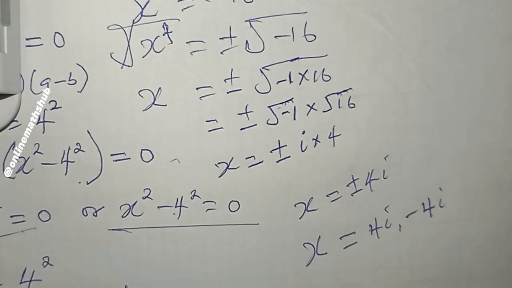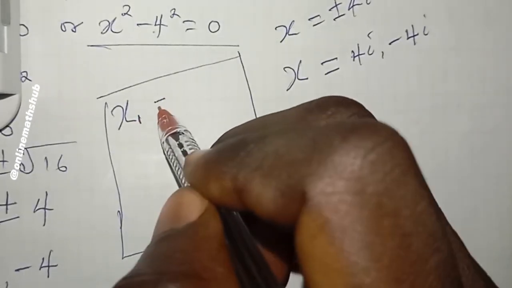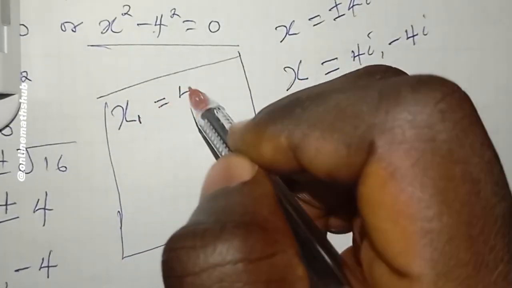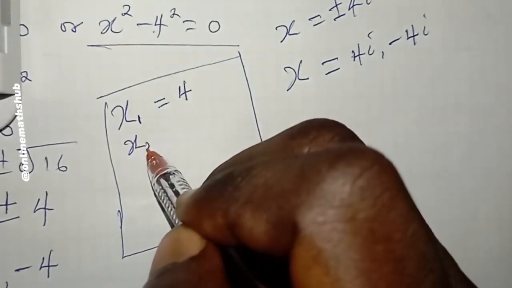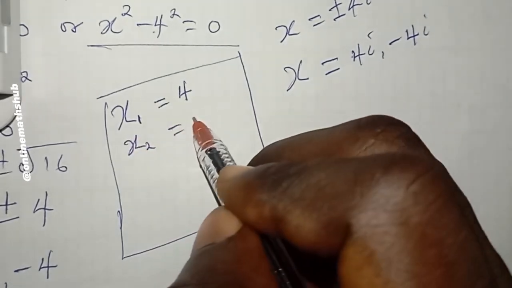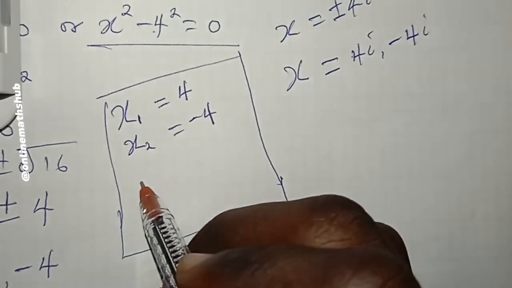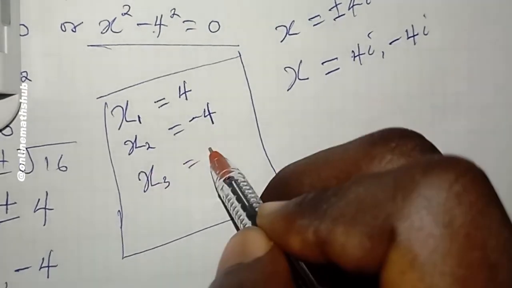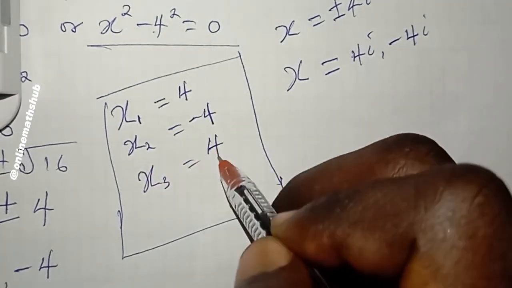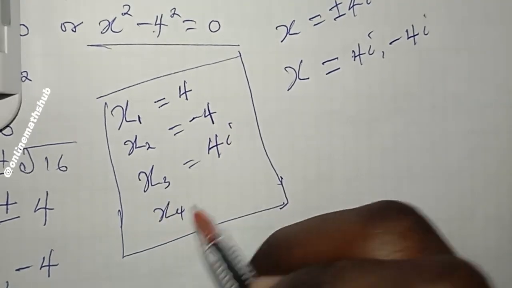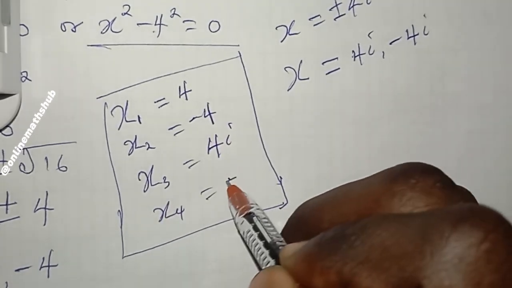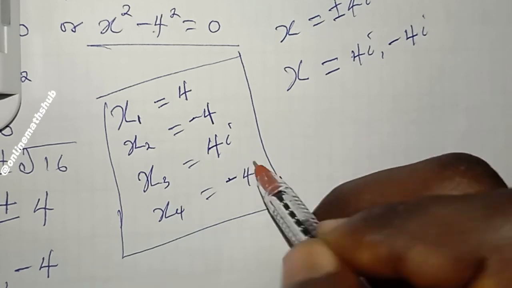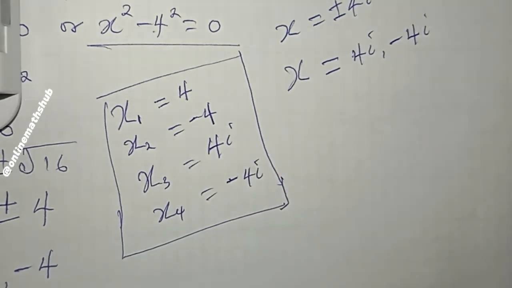Putting everything together, x1 is equal to positive 4, x2 is negative 4, the third value of x is positive 4i, and the fourth value of x we've got to be negative 4i. So these are the four values of x, both the real values and the complex values of x, that satisfy the problem we are solving.